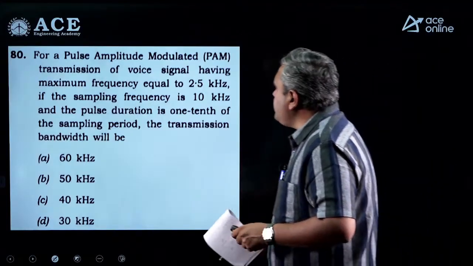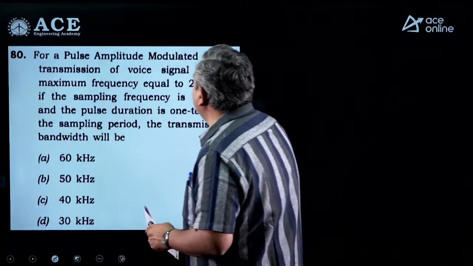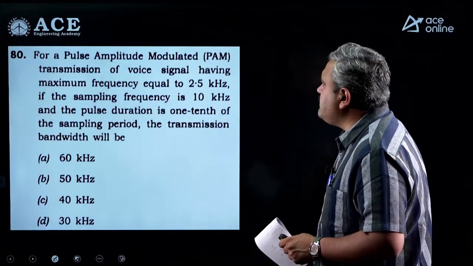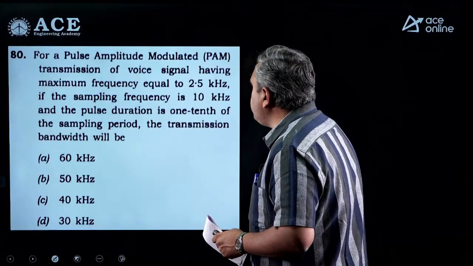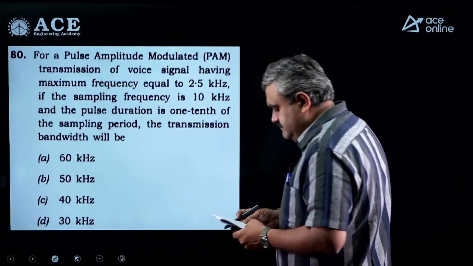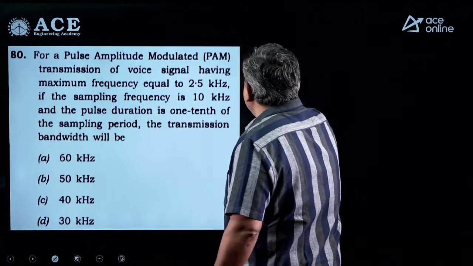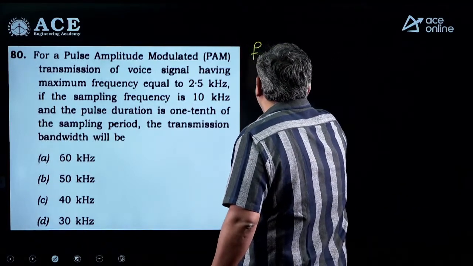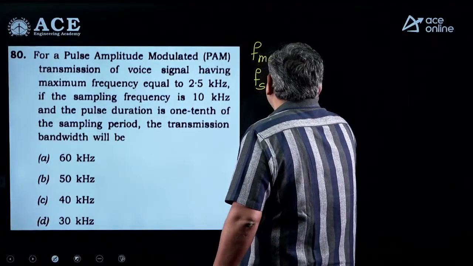For a pulse amplitude modulation, means he is talking about the PAM system. Transmission of a voice signal having a maximum frequency equal to 2.5 kilohertz, and the sampling frequency is 10 kilohertz. So here he has given you the maximum frequency and also the sampling frequency, which is equal to 10k.